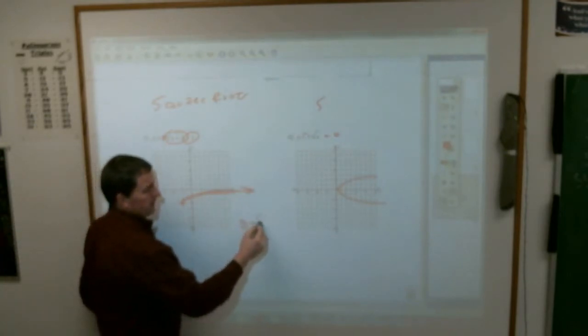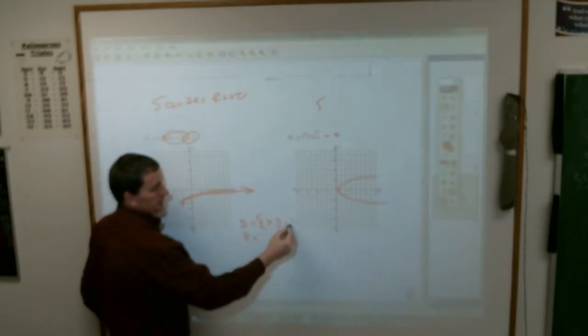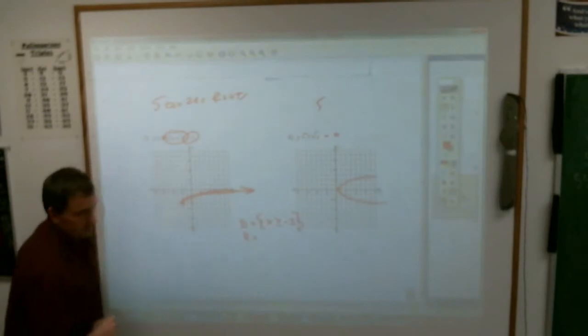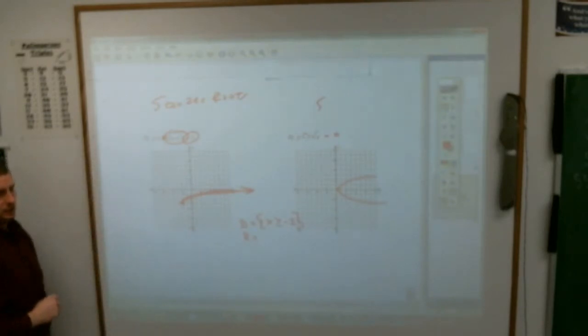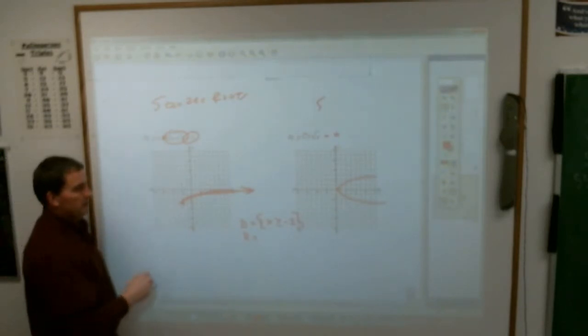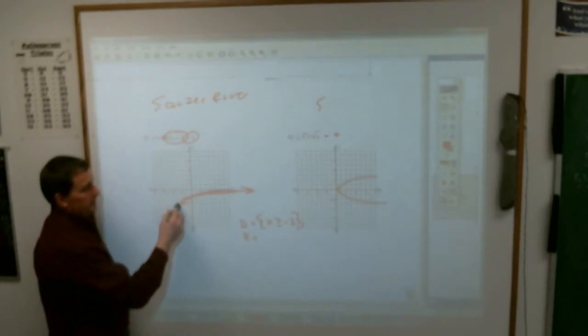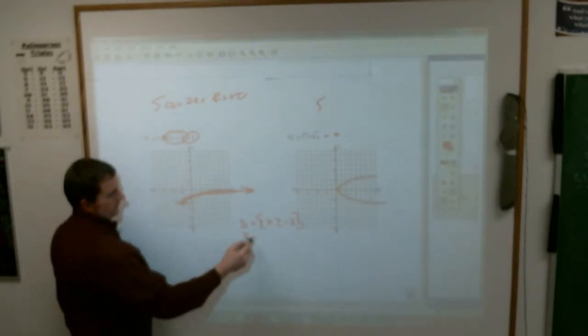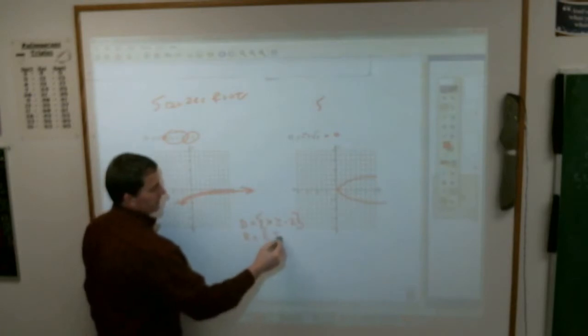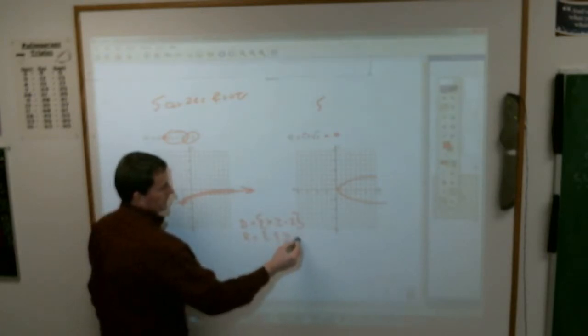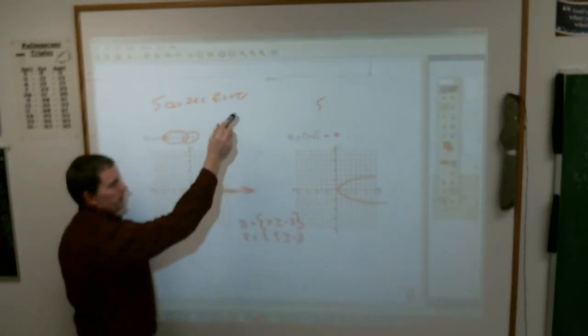The domain here is x is greater than or equal to -2. It goes on forever that way. The range, where do the y values start and where are they going to end? The range starts right here at -3. So y is greater than or equal to -3, and it goes on forever.